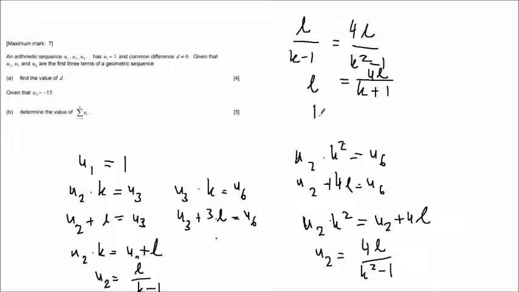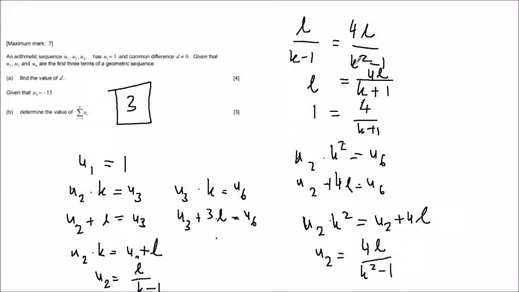We're going to get 1 is equal to 4 over k plus 1, which means k plus 1 is equal to 4, which means k is equal to 3. So yes, our geometric ratio is going to be 3.